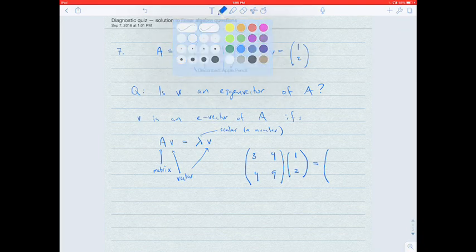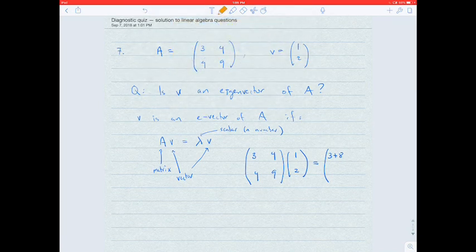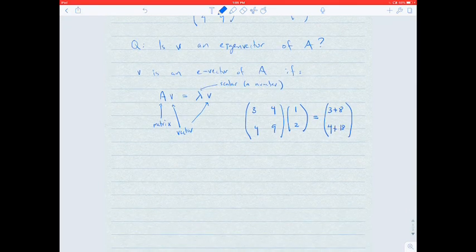Okay, so that's 3 times 1 is 3, plus 4 times 2 is 8. And then on the bottom row, I have 4 times 1 plus 9 times 2. Doing this addition, this is equal to 11, 22.